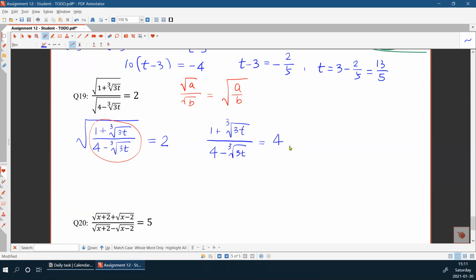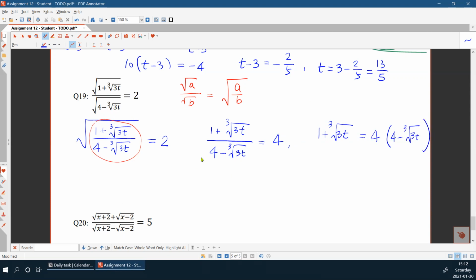Now we can use the cross multiplication method. This gives us 1 plus cube root of 3t is actually 4 times 4 minus cube root of 3t.